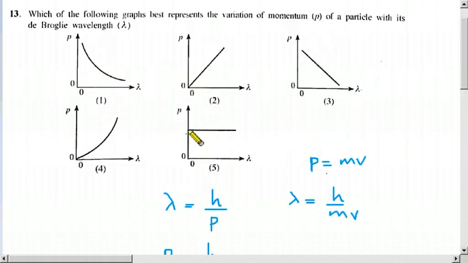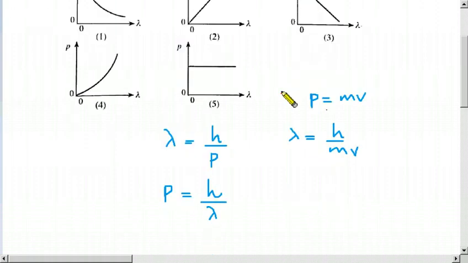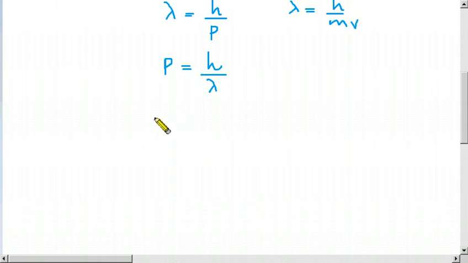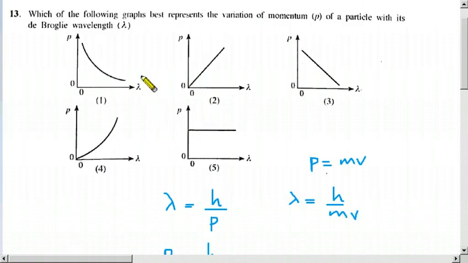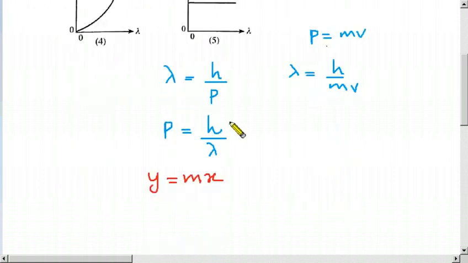The right side we should convert to y equals mx form. Here m is a constant, x is the variable. Here they have taken lambda as the variable for the x-axis.